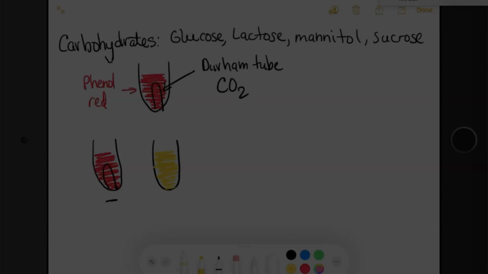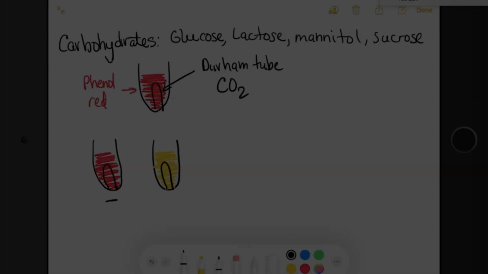Now what we see is a color change. Here is my Durham tube inside, just like it was before, right? But there has been a color change. Why has it changed to yellow? Remember that phenol red is going to be red at a neutral pH, and it will be yellow at an acidic pH.